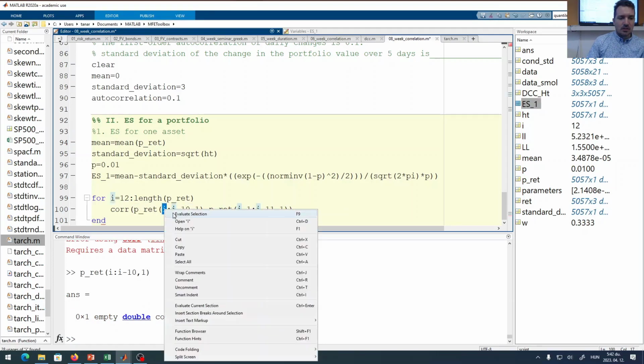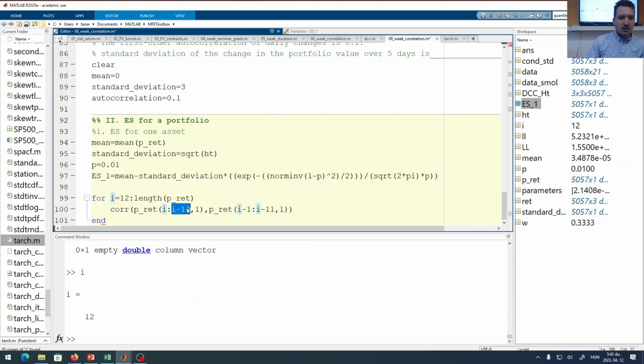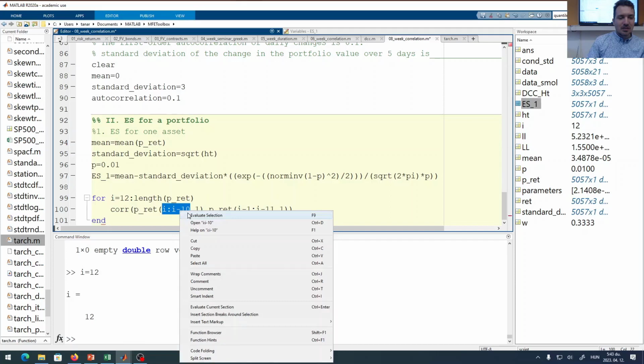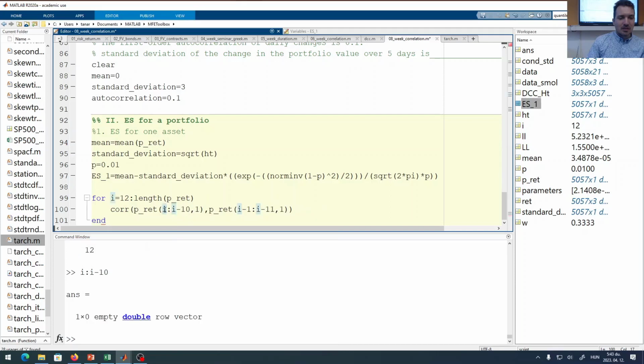Why not? 10, 2. Why is it not able to deal with this? It's supposed to be. Okay, just calculating backwards.